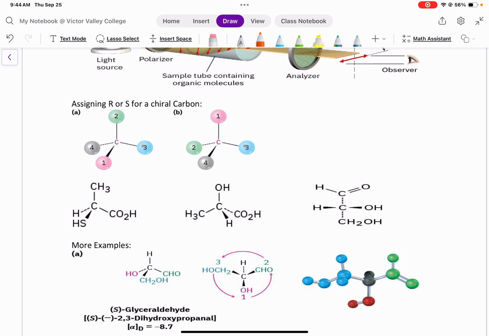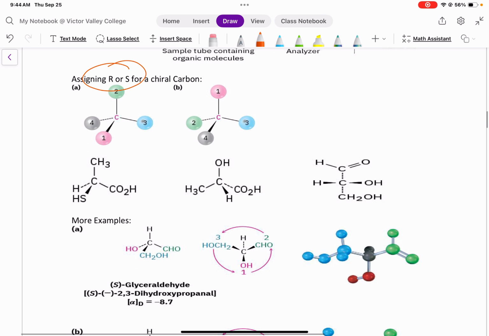Assigning. Okay, so how do we assign R versus S? We organize them by atomic numbers. So let's say this carbon is chiral. It's bonded to 4 different atoms. So sulfur has the atomic number of what? 16. So that's 1. And then carbon, and another carbon, and hydrogen should be number 4.